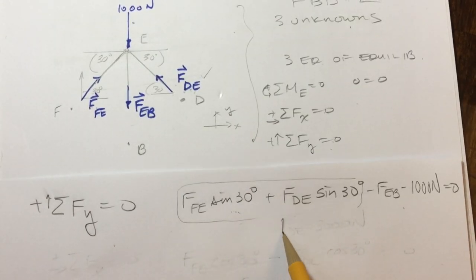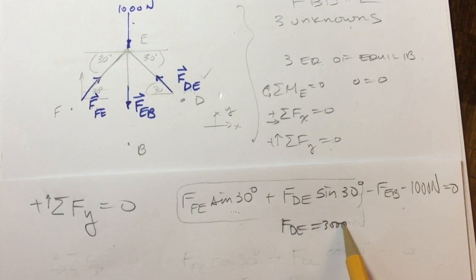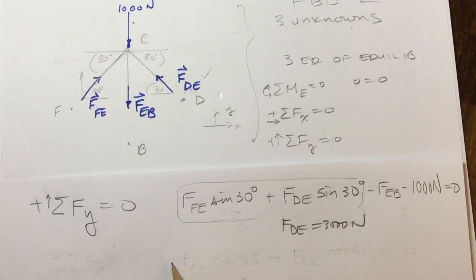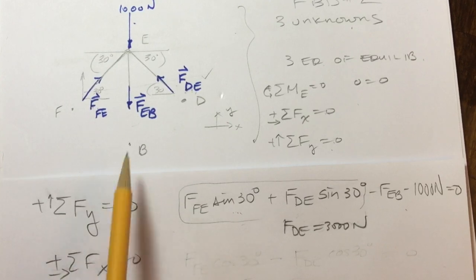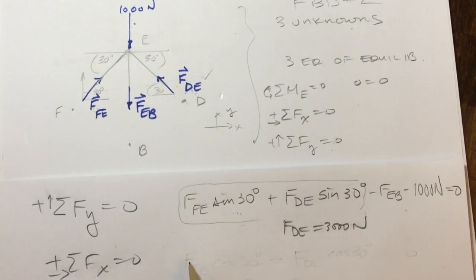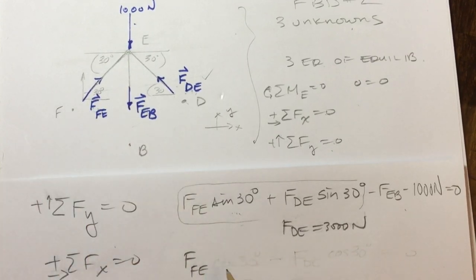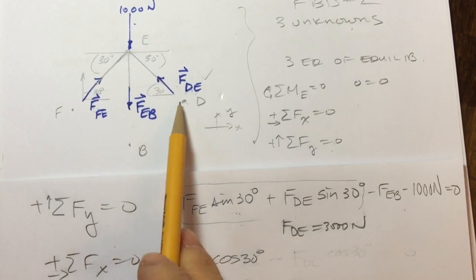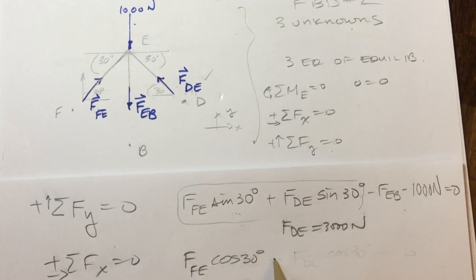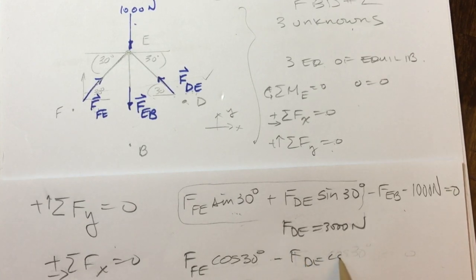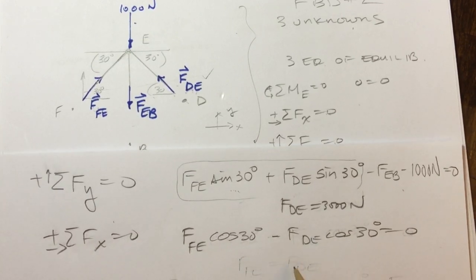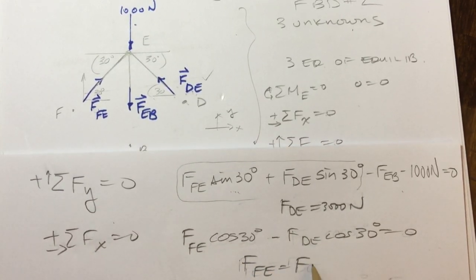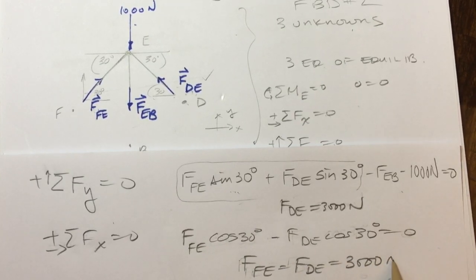In the previous calculation, we found that FDE was equal to 3,000 newtons. So we should take note of that. Now we do the sum of the forces in the x is equal to 0. These two forces will have an x component, and it would have a value of FFE times cosine of 30, and then FDE times cosine of 30, and that'd be in the negative direction. And we find that using this equation, FFE is equal to FDE, which is equal to 3,000 newtons.